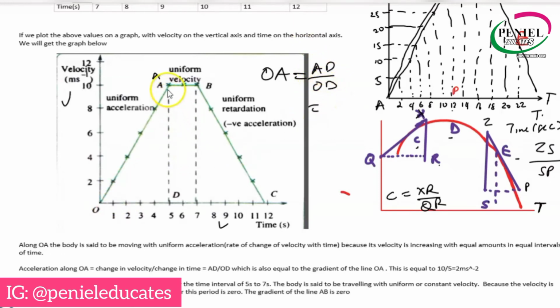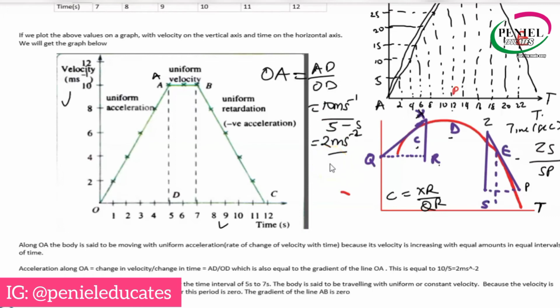You have AD to be 10 meter per second, all over OD, which is 5 seconds. So you have the acceleration to be 2. Okay, so the answer is 2 meter per second. Don't forget this one is seconds, so by the time you find your acceleration, it is 2 meter per second square.